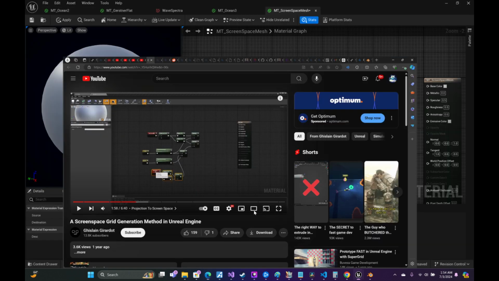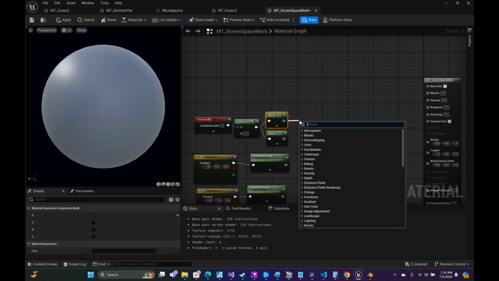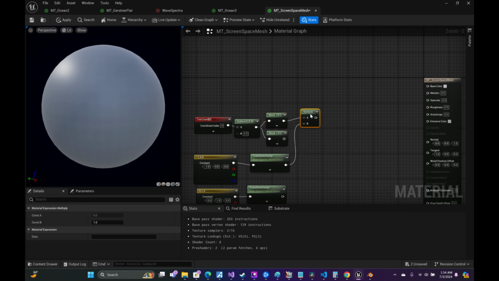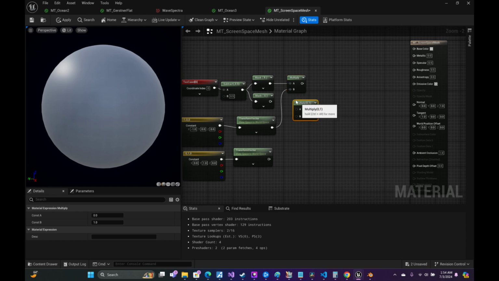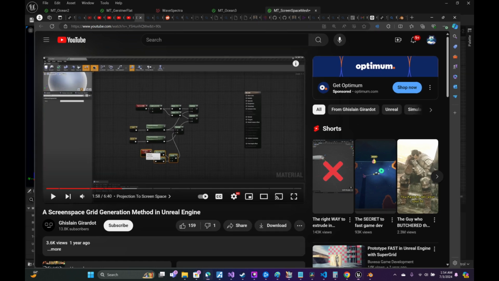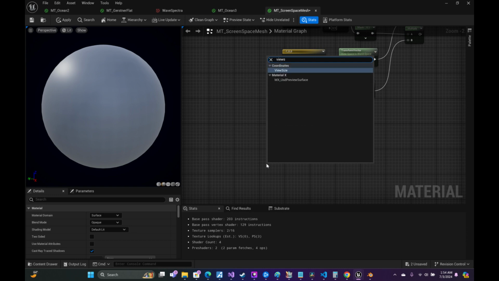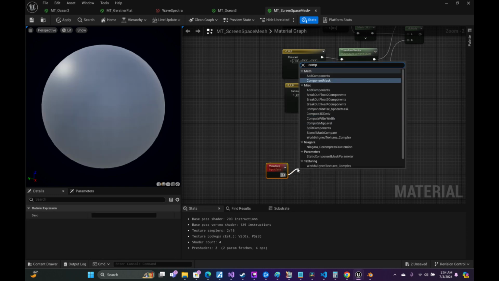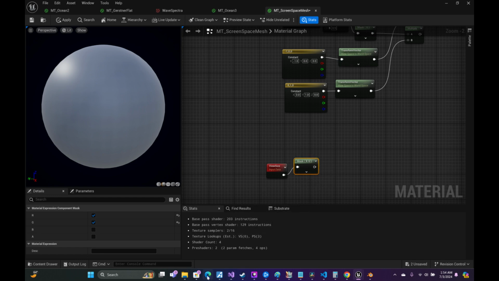Multiply. Okay. View size RG. Okay, and then what's he doing here?